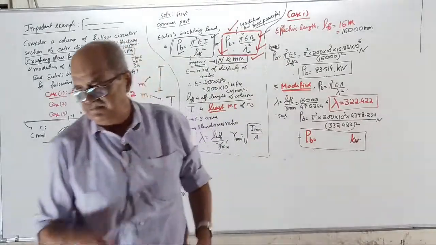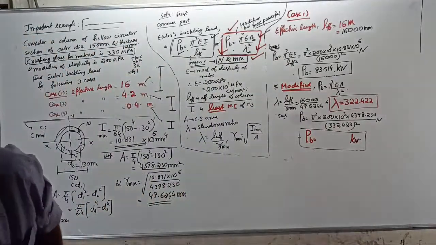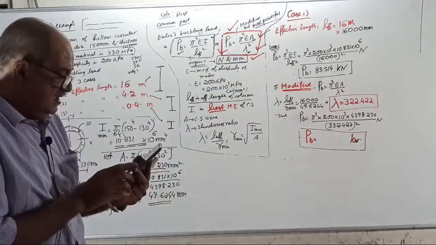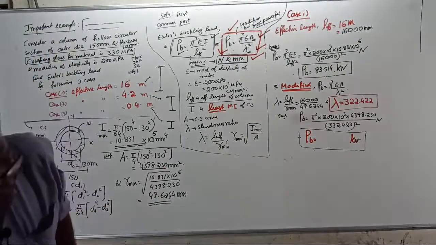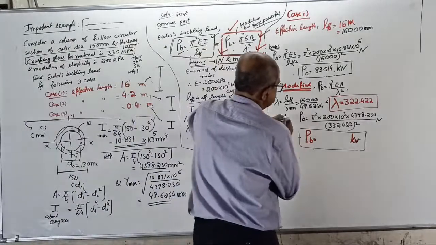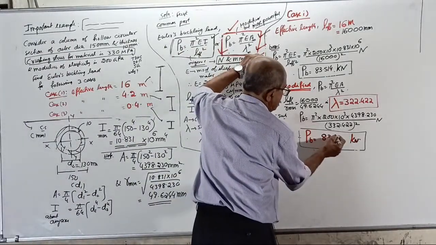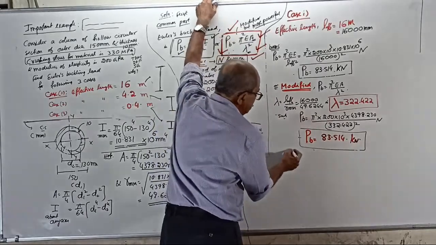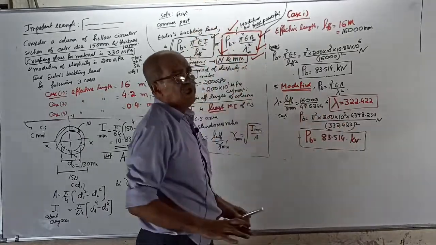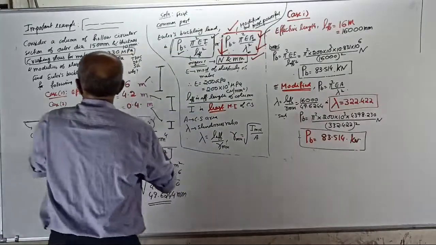Answer should be same. How much is the buckling load? 83.514. Correct? Okay. 83.514 kilonewton. Now I will come this side.